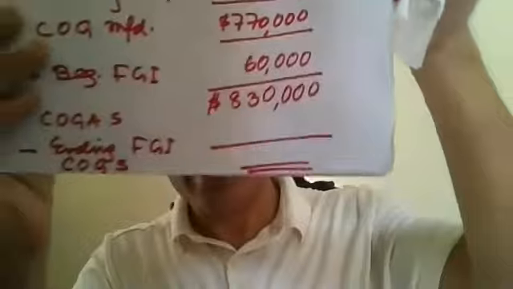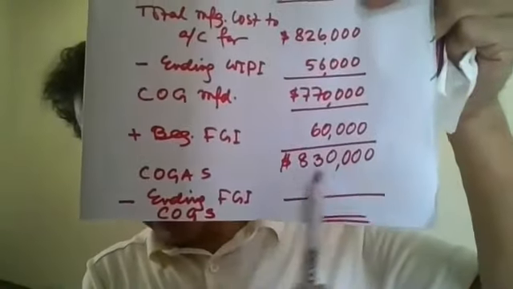So it's $770,000. If you add 60,000, you'll have $830,000 of cost of goods available for sale. COGAS, cost of goods available for sale, is 830.